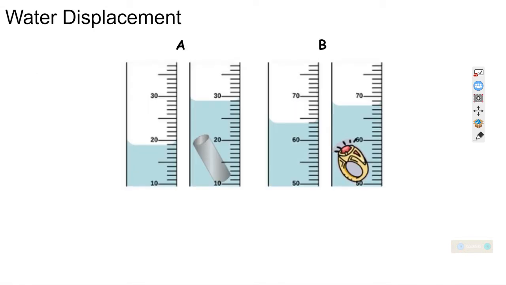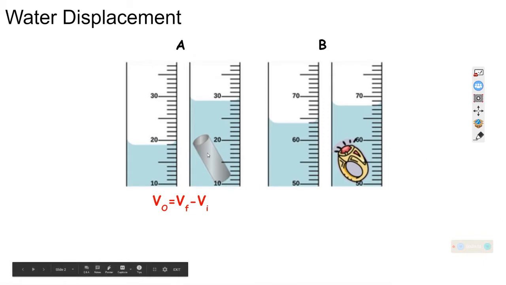Now we're going on to water displacement, and we're looking at calculating the volume of objects using water displacement, things that we can't use length times width times height for. So we start out remembering that the equation for water displacement is VO equals VF minus VI. VO is the volume of the object, in this case the metal rod that's inside the water.